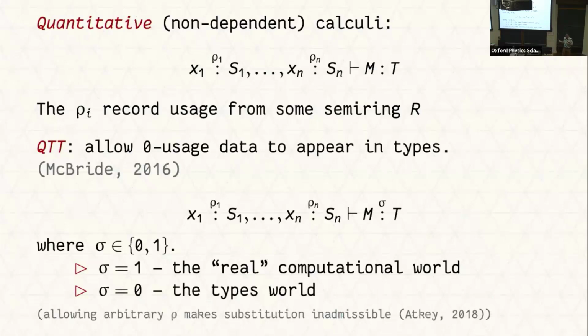So in these systems, if the rho is 0, then often that means that it's unused in the term. This is a property of the specific system. And this has nice effects just for things like the formalization of these systems, because anyone who's tried to formalize a substructural type system knows that you get into horrible problems with shifting things around because the names don't stay stable when you're combining contexts.